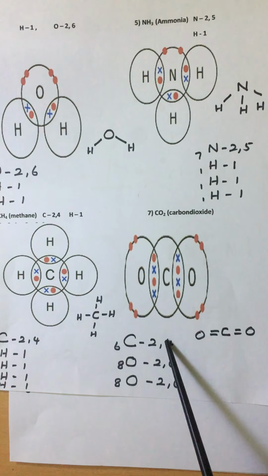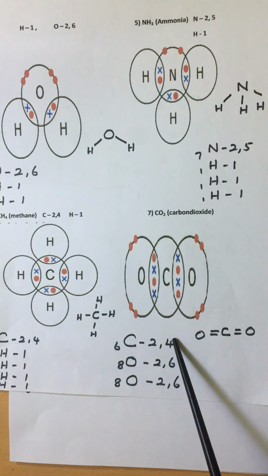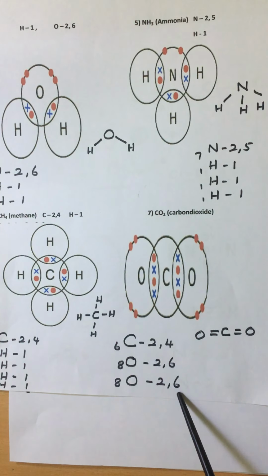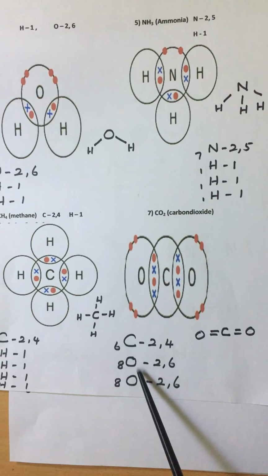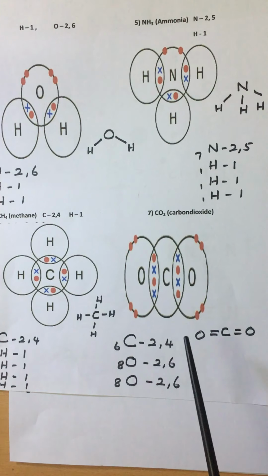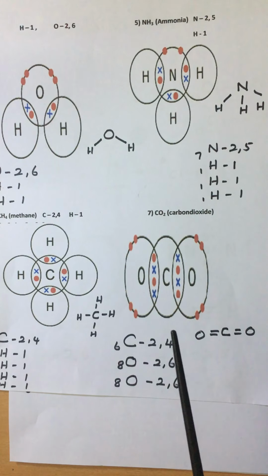So all 4 electrons are going to make bond. So 2 with this oxygen, 2 with this oxygen. So when you write the electronic configuration like this, you can identify how many electrons are going to share.